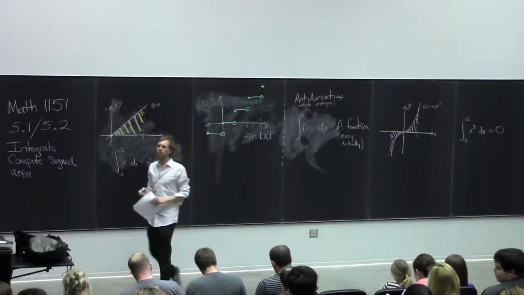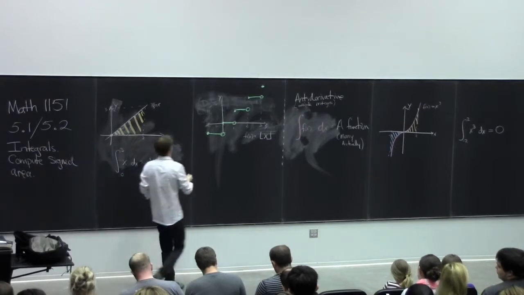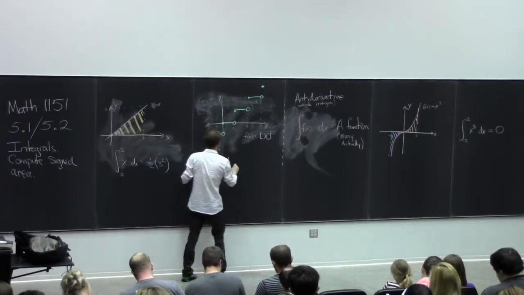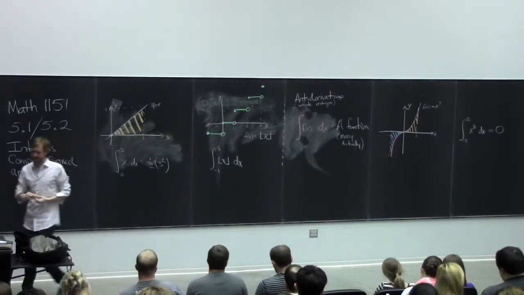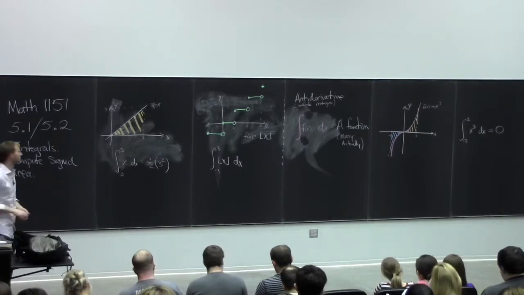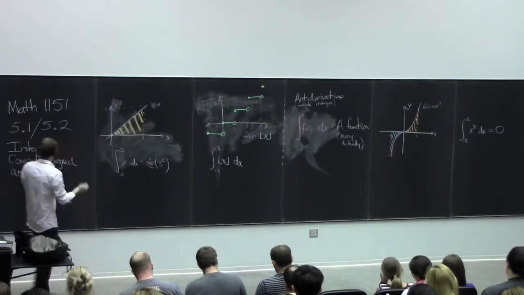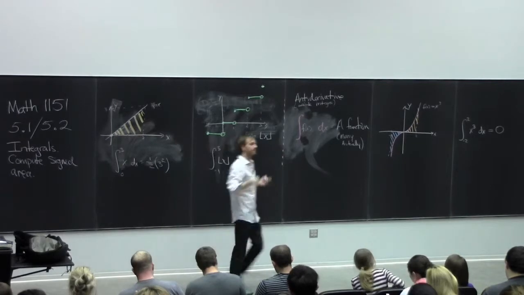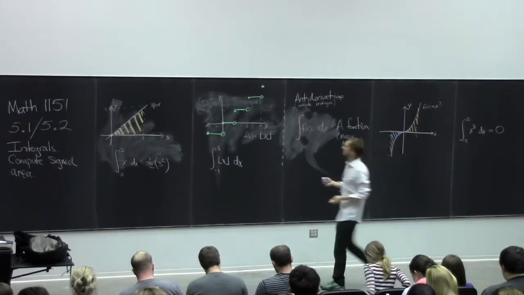So I want to compute the integral from negative 1 to 3 of the floor of x dx. And integrals compute signed area, and blue is my negative area.